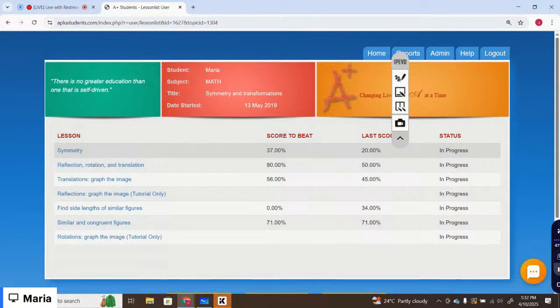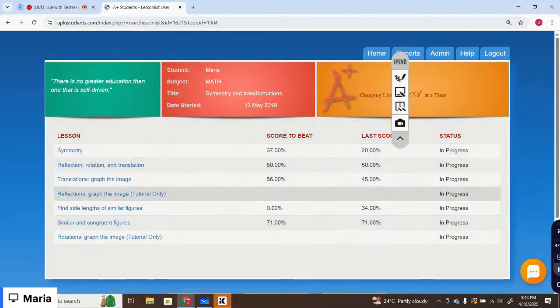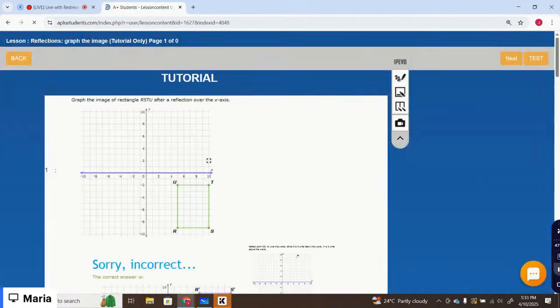The next lesson is reflections, graph the image. Graph the image of rectangle RSTU after a reflection over the x-axis.